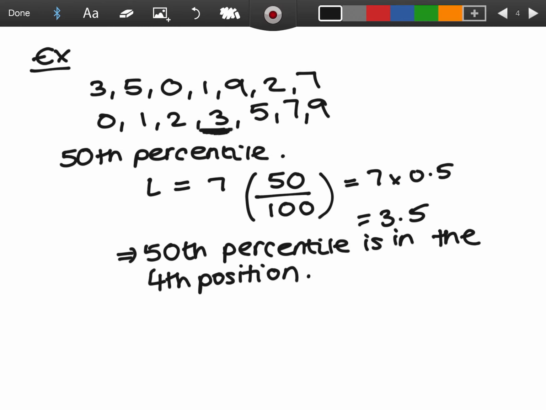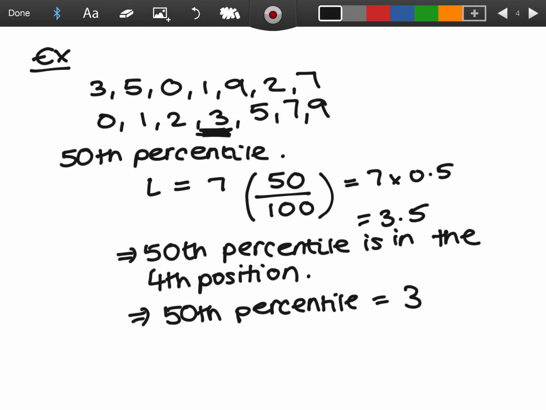Now, what do you notice about this? The 50th percentile is the same thing as the median. If I had what I've got here with an odd number of data points, the 50th percentile always works out to that middle value.